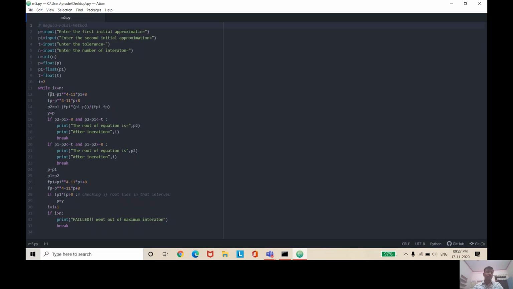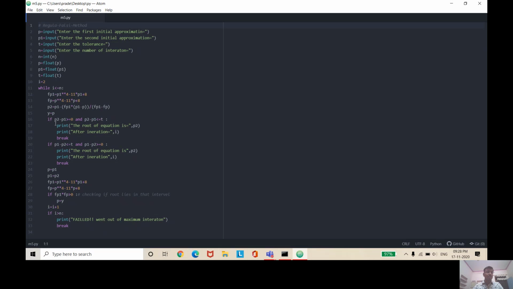So basically I am first calculating the value of the function at p and p1, and then by this formula, p2 is equal to p1 minus f(p1) multiplied by (p1 minus p), divided by f(p1) minus f(p). Basically I'm giving another variable y the value of p naught, which will be used in the next lines of the code.